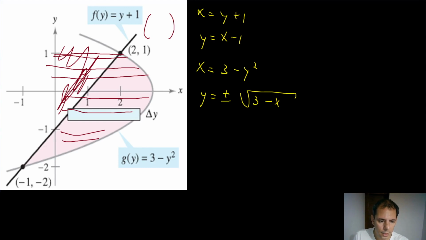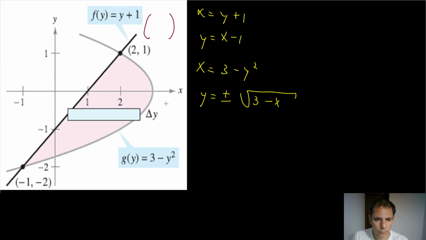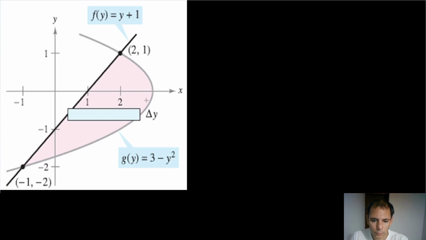And then you're actually going to add this thing because it's negative here. So it's easier, so we're going to do that. Because you see that if you're working with the g of y, isolating x, you don't have to work with a square root.